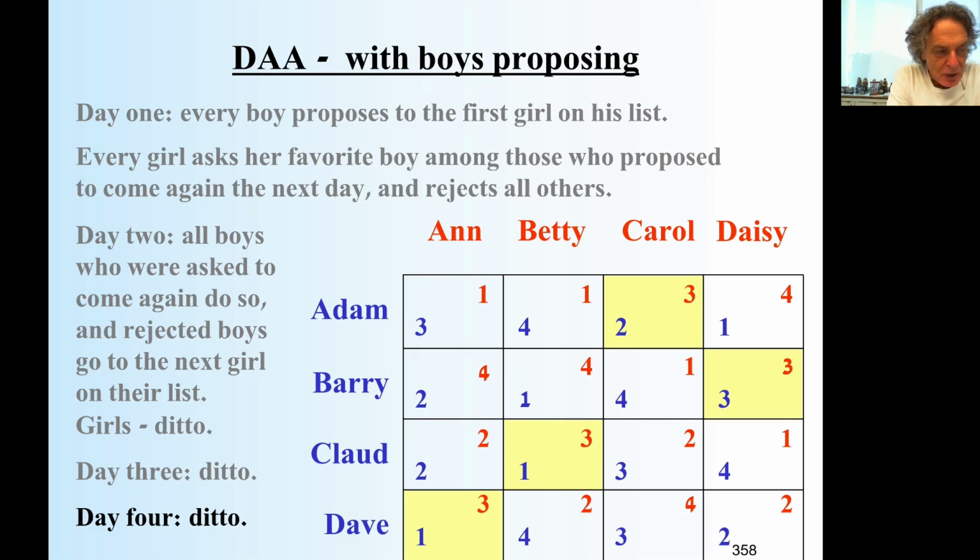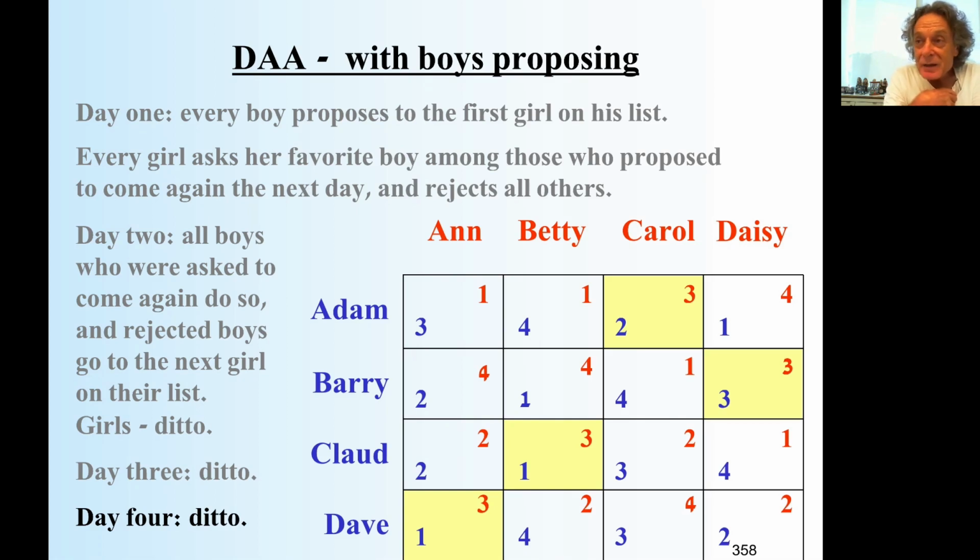In the first day, all boys go to their first on the list. A girl that did not get anyone waits. A girl that gets one says to him, you are a candidate. If I don't get a better one later down the road, you'll stay. I'm going to be matched to you, but I may throw you out if I get something better.